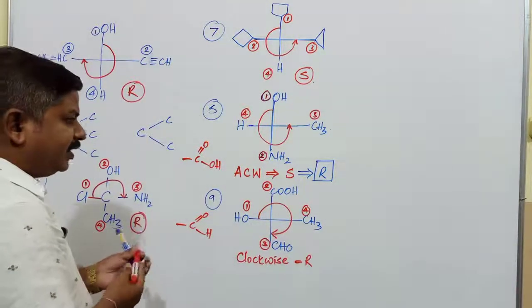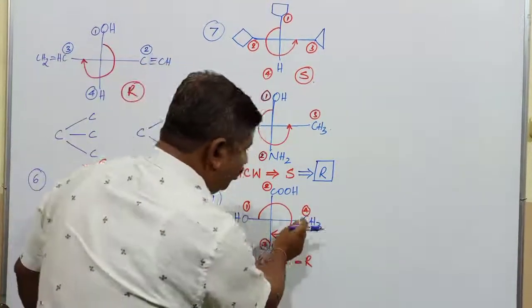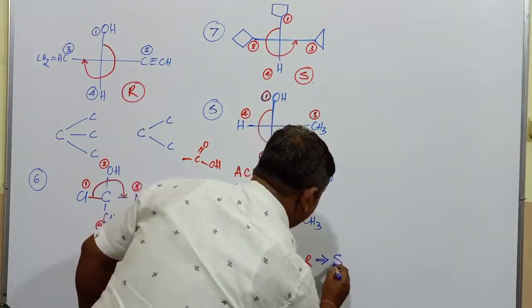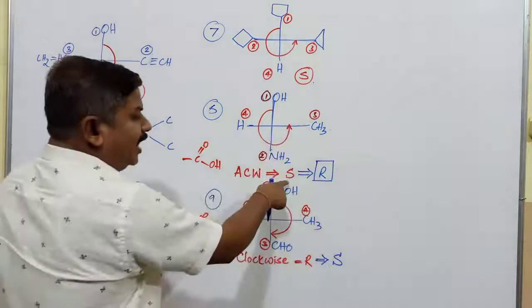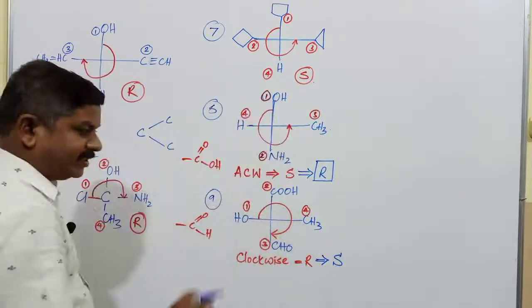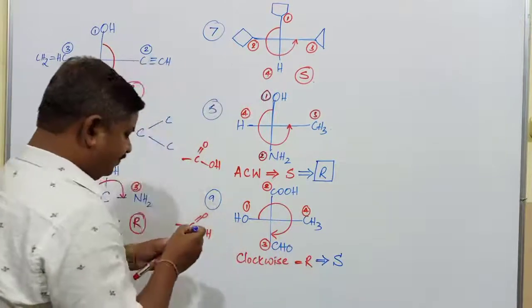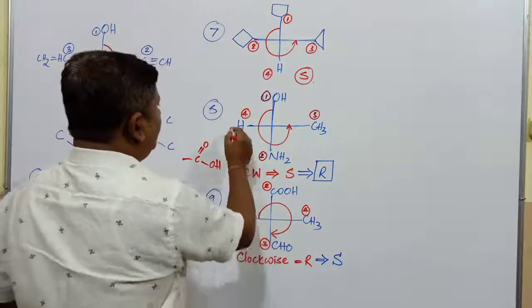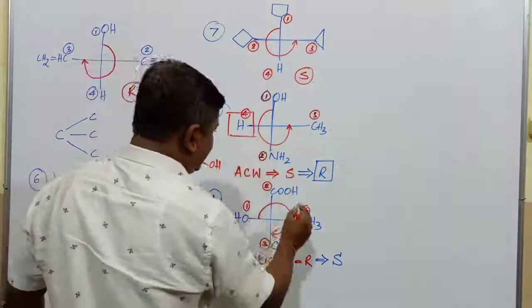But condition, whenever the lowest priority group is present in horizontal position, R isomer is converted into what? S isomer. Earlier S was converted into R, now R is going to be converted into S. It is mainly because of one thing, that is lowest priority group is present in horizontal position.